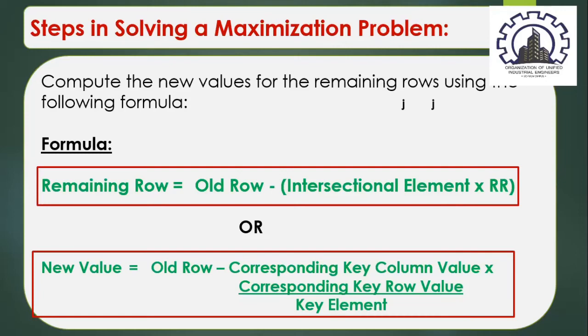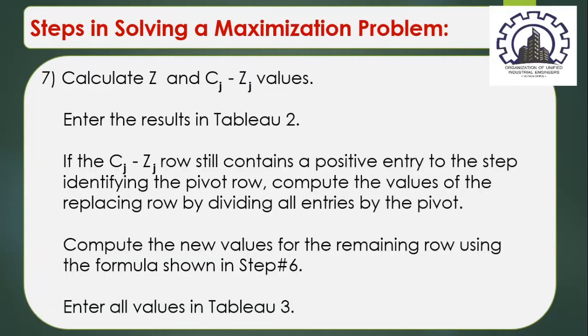And the last step in solving a maximization problem: after calculating Z sub j and C sub j minus Z sub j values, we need to enter the results in tableau 2, or table number 2. If the C sub j minus Z sub j row still contains a positive entry, go back to the step of identifying the pivot row.